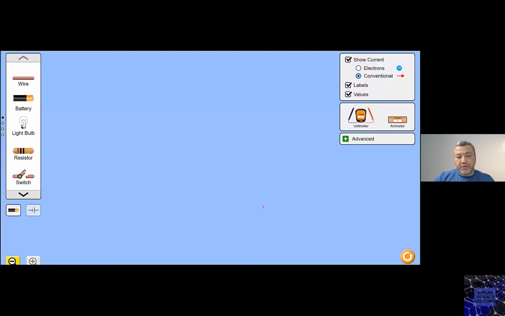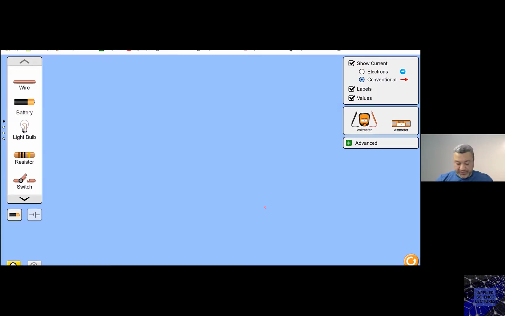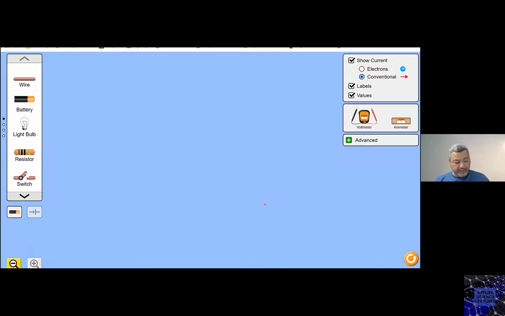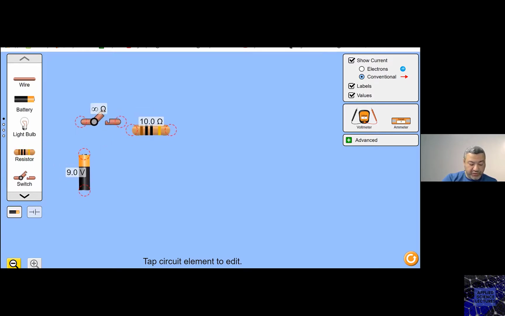This website, I'll give you the link to it, is from the University of Colorado, and it's a very interesting virtual circuit lab that they put together. To show you a very simple circuit, first of all, we'll grab a battery, and then we have a resistor here, and a switch.